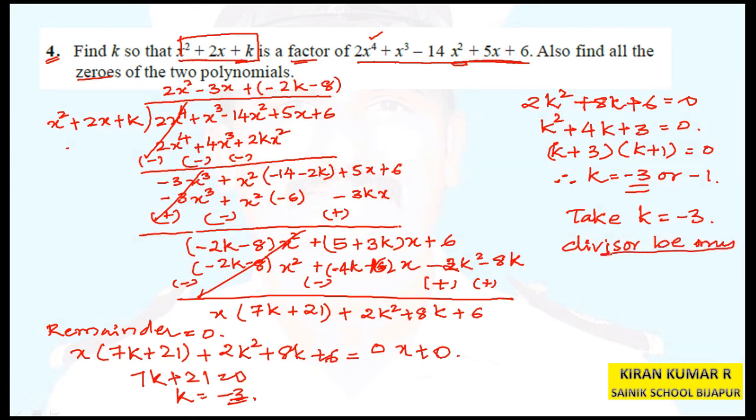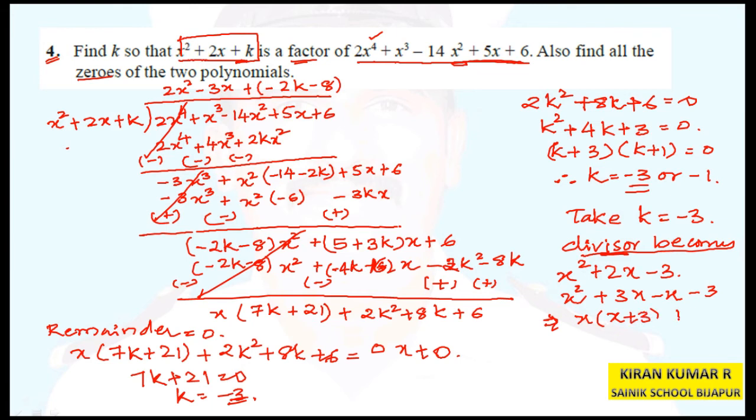The divisor becomes x square plus 2x minus 3. Now we need to factorize this x square plus 2x minus 3. The product is minus 3 and the sum is plus 2, which is possible with plus 3x and minus x.